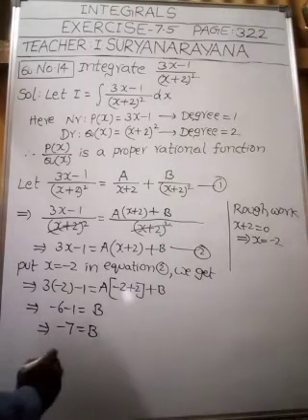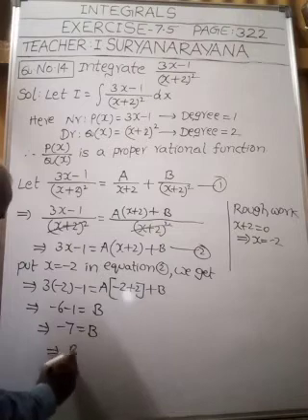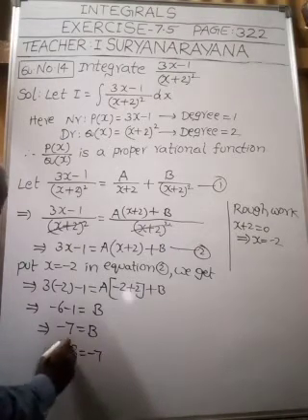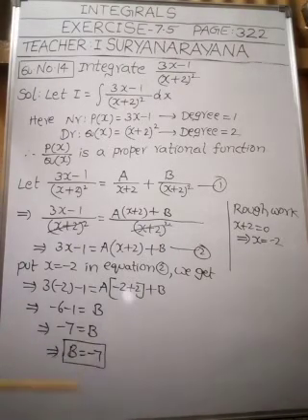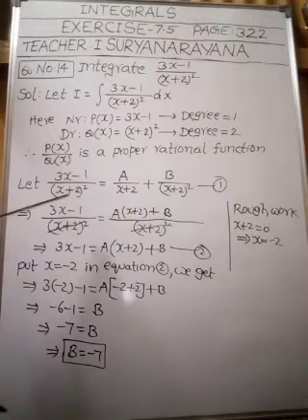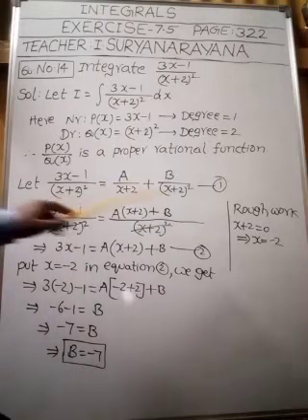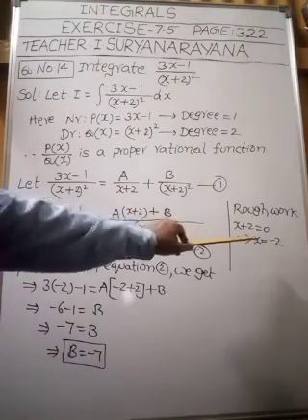Okay, my children, understood? This implies b is equal to minus 7. We got the value of b, but we have to find the value of a also. There is only one linear factor that we have written, and we found the x value.